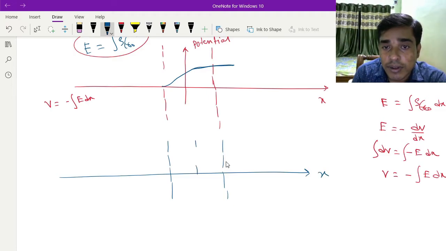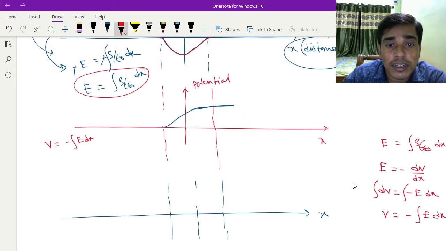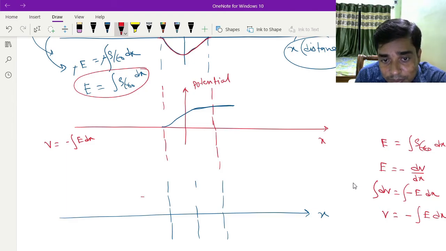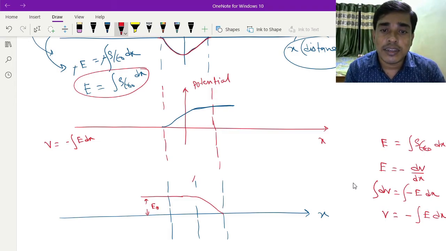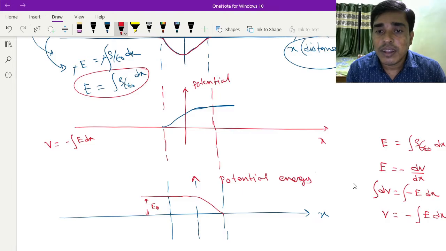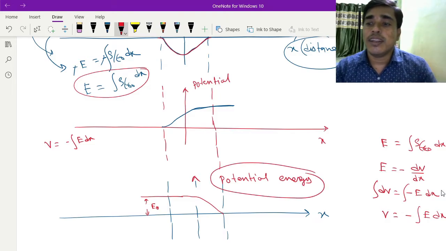So potential energy will be in this way. This is E0. Potential energy is defined by E0.